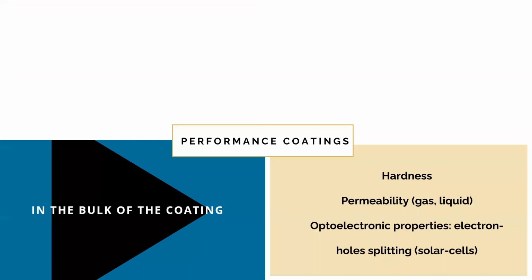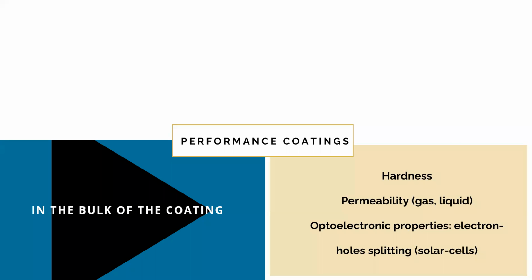You can also have things that come from the bulk of the coating. And I'm not talking about the bulk of the part, just the coating itself. Those are a little bit more obvious. Hardness, for instance, pretty obvious. Permeability, meaning you don't want gases or liquids to diffuse through the coating and reach the substrate. So it's a protection of that substrate.